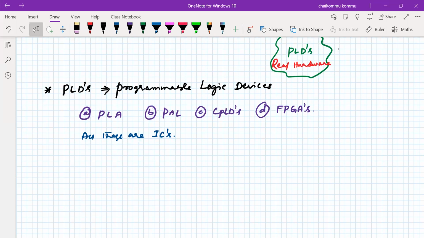So which PLD do I have to consider? That decision is completely based on the complexity of the circuit.